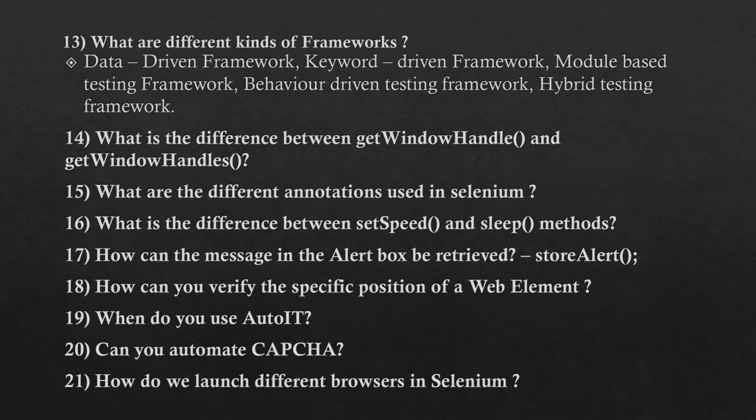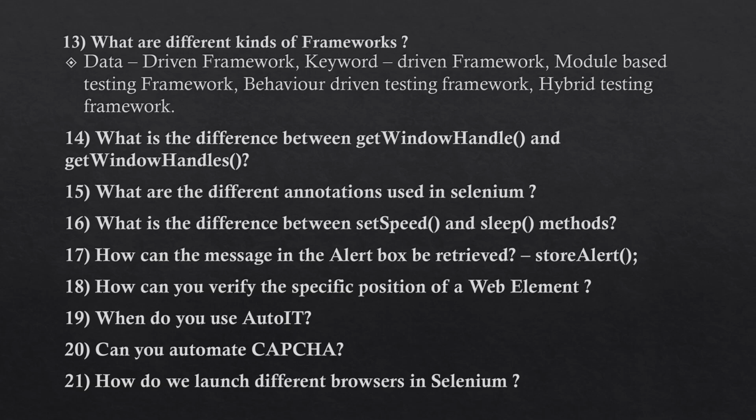And how can you verify the specific position of a web element? There are different methods available to find the position of a web element on a page. They are position by left side, position by right side, and position by center. These are the methods available to get the specific position of a web element.